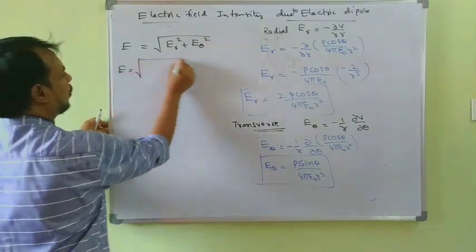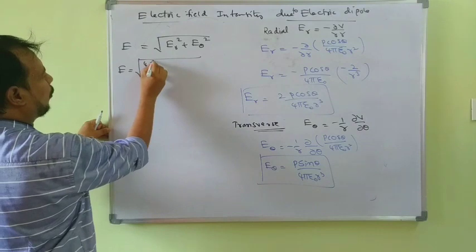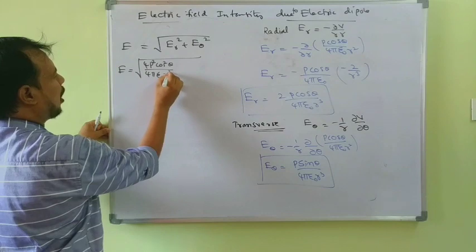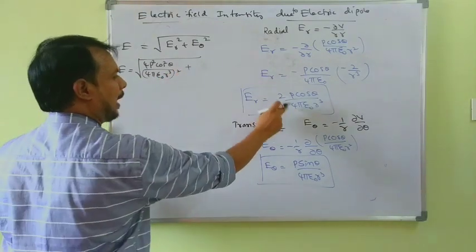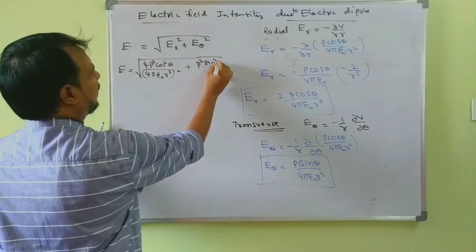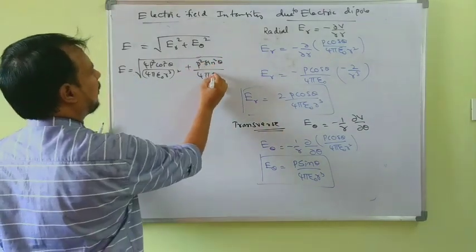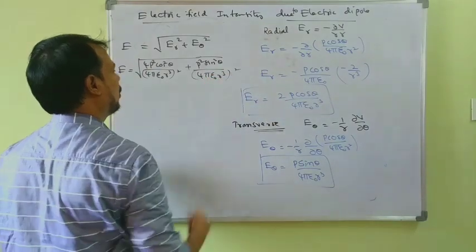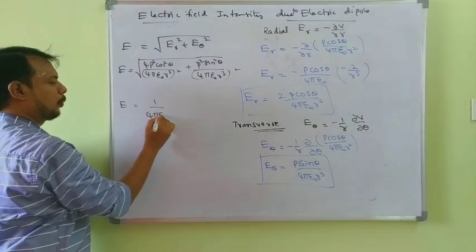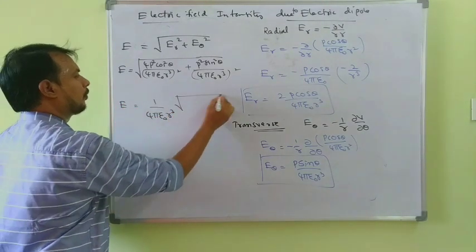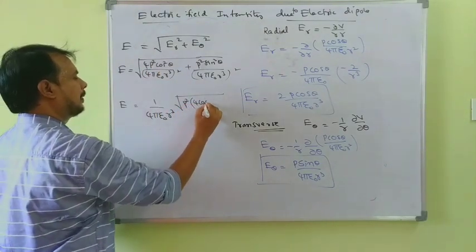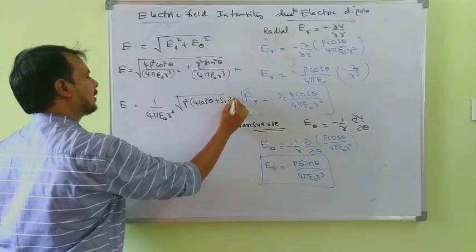That is E equal to root of, ER is 2P cos theta by 4 pi epsilon naught R cube whole square, applying the square, plus E theta square, that is P sin theta by 4 pi epsilon naught R cube whole square. So take outside the root 1 by 4 pi epsilon naught R cube, P square is taken out. Okay, 4 cos square theta plus sin square theta.